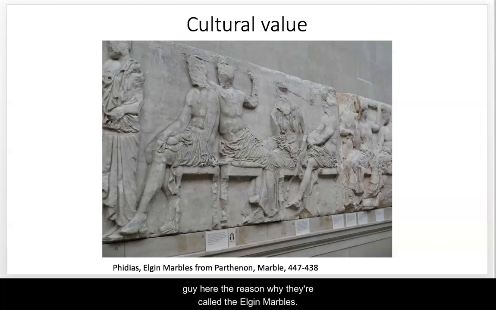And so this guy here, the reason why they're called the Elgin Marbles, was a British lord and ambassador, and he purchased them way back in the day from the Greek government and brought them back to the British Museum. Okay, he had permission to take them.